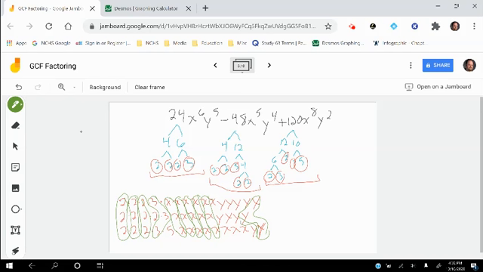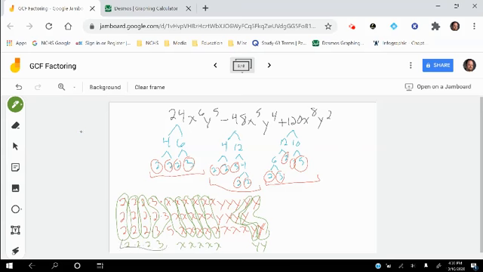I can see that there is another set of y's. And that's it. I ran out of y's on the bottom. So my GCF is 2, 2, 2, 3, x, x, x, x, x, y, y.